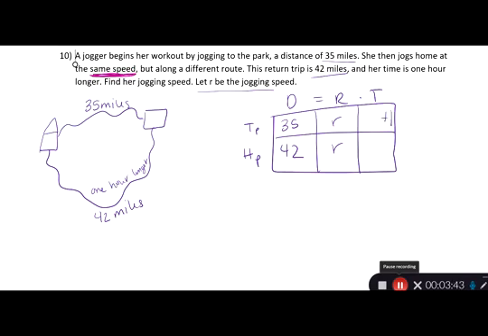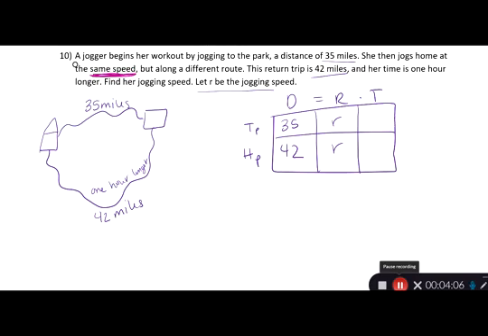Because remember I said, let's pretend that this trip took her 2 hours and this trip took her 3 hours. We don't know that, we're just using figures. To make these equal, we would add 1 to the trip to the park and then they would be the same. So that's the same idea we need to use when we're setting up our equations.